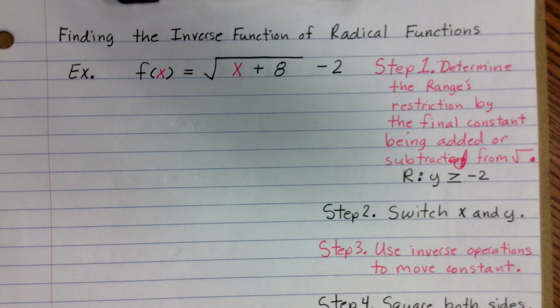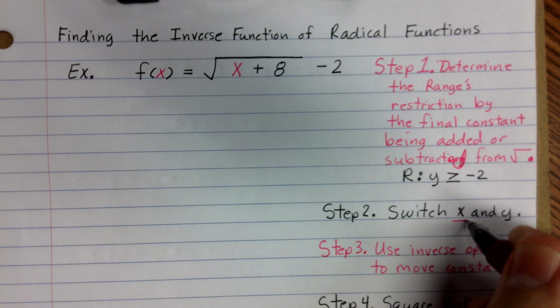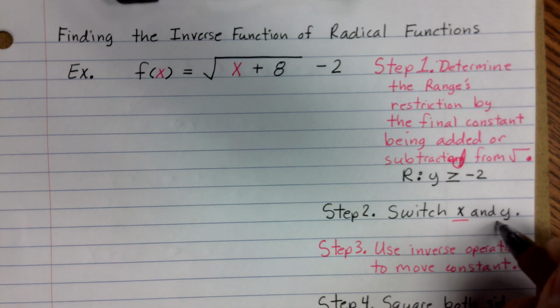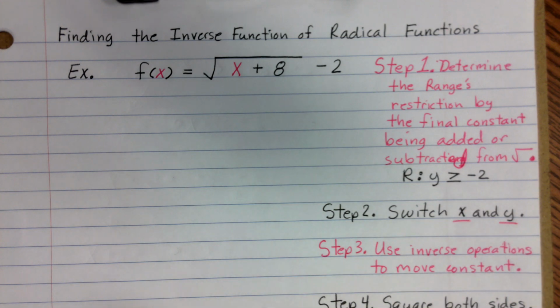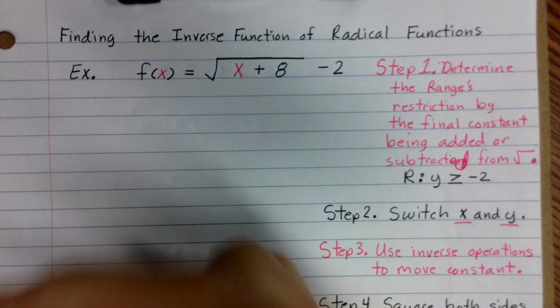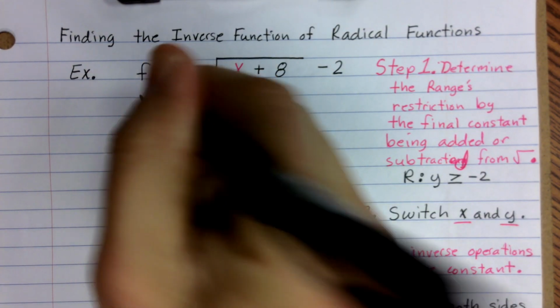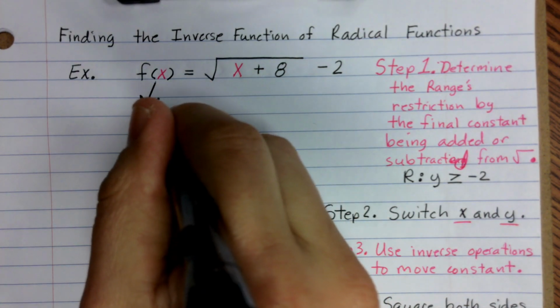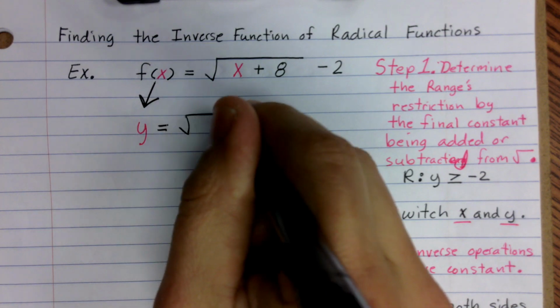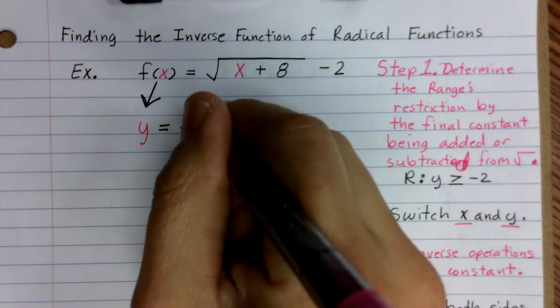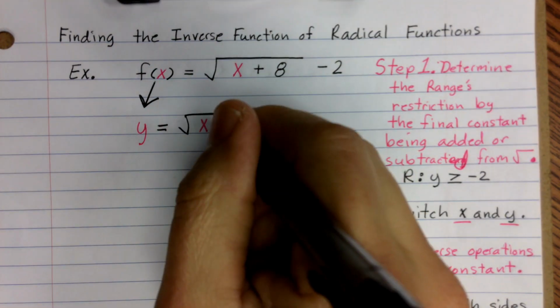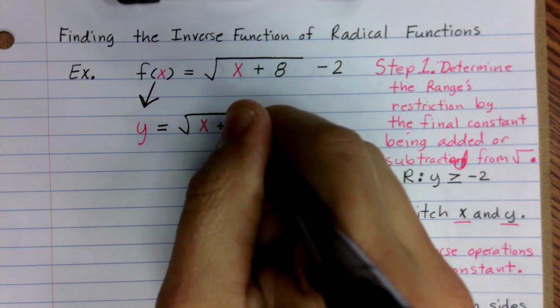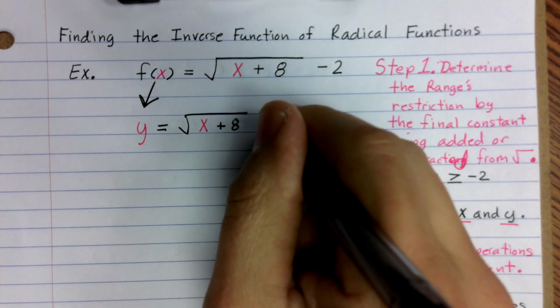Next, we're going to do as usual. We want to switch our x and y. So I'm going to take this f of x and change it to a y. Remember, it represents y. And then I'm going to rewrite this as the square root of x plus 8 minus 2.